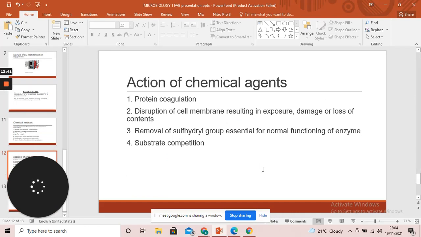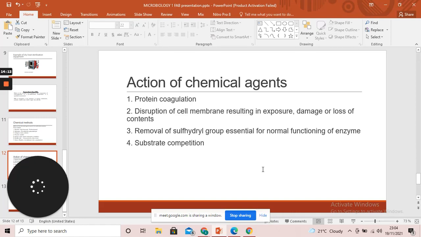These chemical agents act through the following methods. First, a number of them act through coagulating the protein found on the microorganism, thereby destroying its integrity. The second method is disruption of the cell membrane, resulting in exposure, damage, or loss of the cell contents.